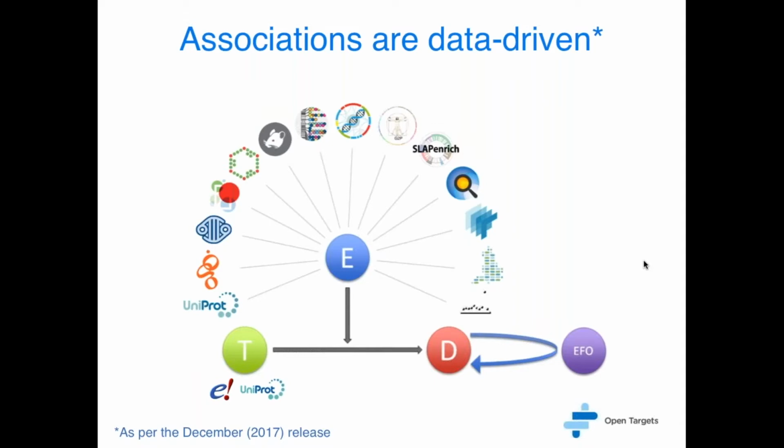And each of those data sources, they provide a different type of data. So for example, UniProt, the GWAS Catalog, Gene2Phenotype, Genomics England, they provide genetic information so that we can make the link between targets and diseases. We also have pathway information coming from SLAPenrich or Reactome.